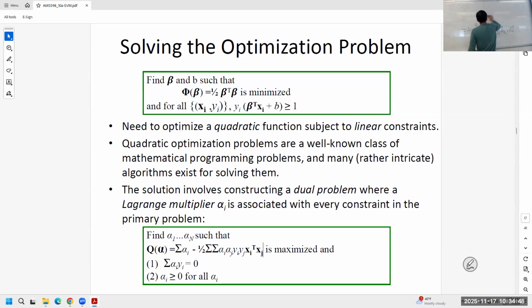This just means that if I can define a function, say, instead of xi transpose xj, some transformation of xi, another vector h of xi, and likewise for xj, then the solution is going to be h of xi transpose h of xj.